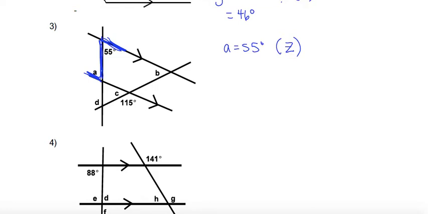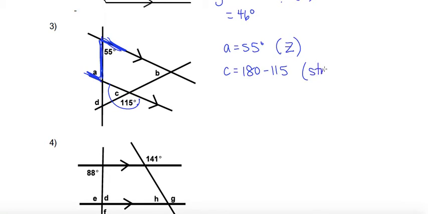And so I'm going to now solve for, we could do C, for example, next if we wanted to. C and 115 form a straight line. So C is equal to 180, take away 115.